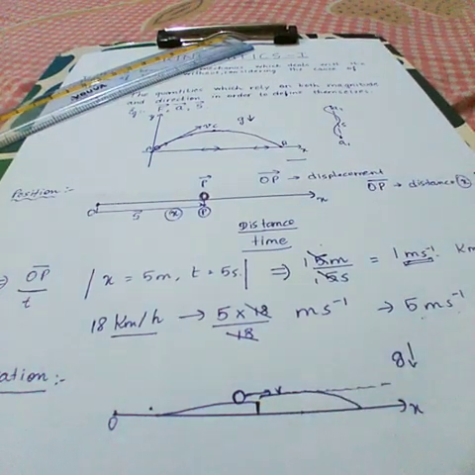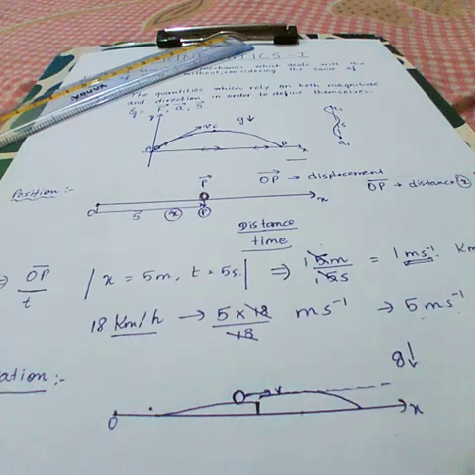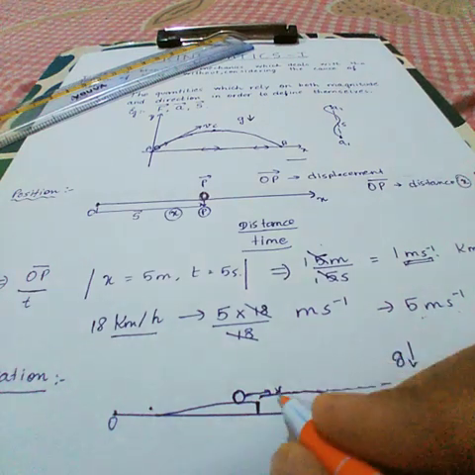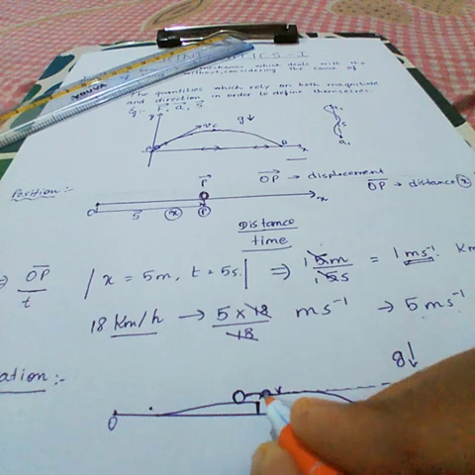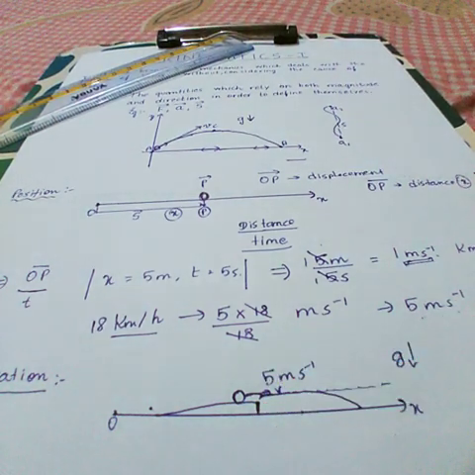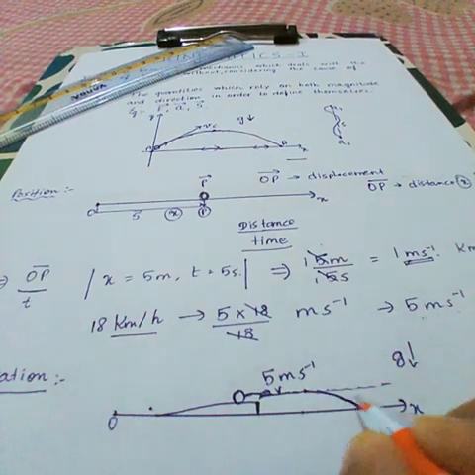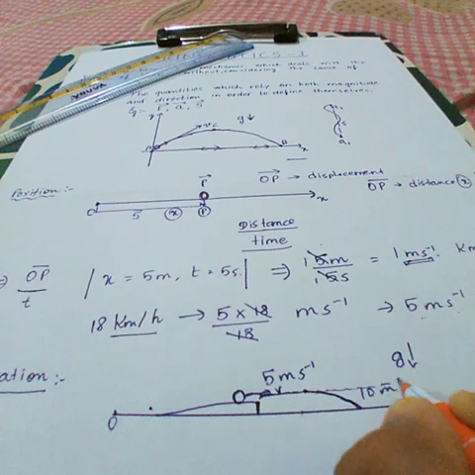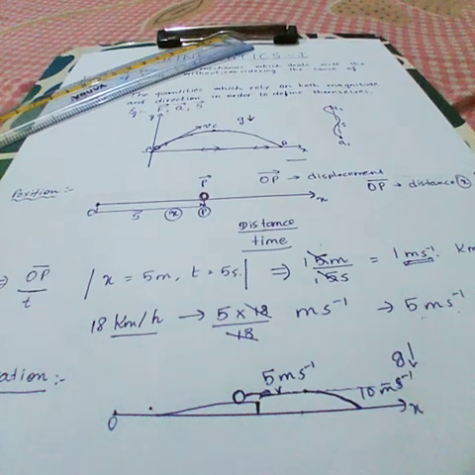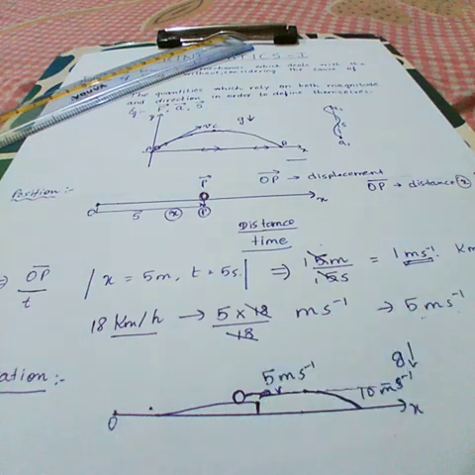This would be a trajectory. So can we say that its velocity will be changed? Its velocity would not be the same as we are throwing it with, suppose that 5 meter per second velocity. So the velocity on it can be 10 meter per second because of the influence of gravity. It would be 10 meters per second under the influence of gravity.